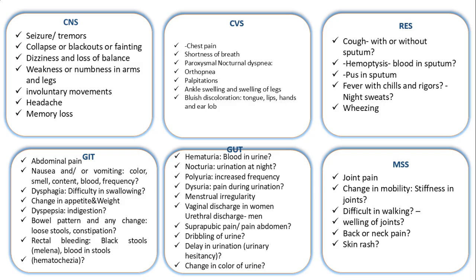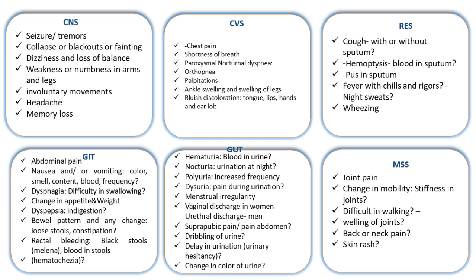I'll just run them through quickly. In the cardiovascular system, you talk about chest pain, shortness of breath, orthopnea, palpitations. You go to the respiratory system, you ask the patient about anything to do with cough. I'll explain more of these things in other videos, where I'll explain each symptom in relation to the system so that we can have more information on how to track these patients when they present with these symptoms in particular systems.